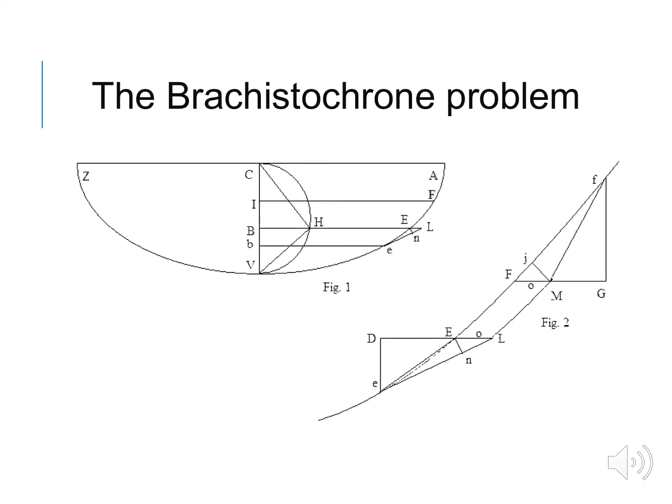The curve CVA is a cycloid and CHV is its generating circle. Since it appears that the body is moving upwards from E to E, it must be assumed that a small body is released from Z and slides along the curve to A without friction, under the action of gravity. Consider a small arc EE which the body is ascending.